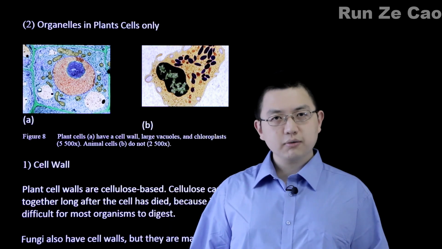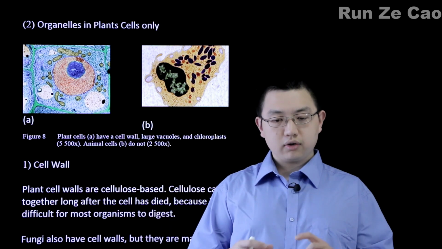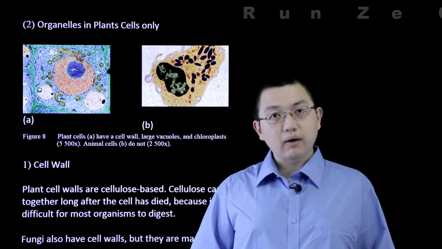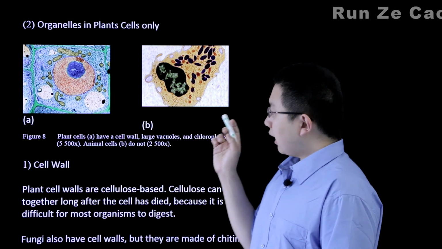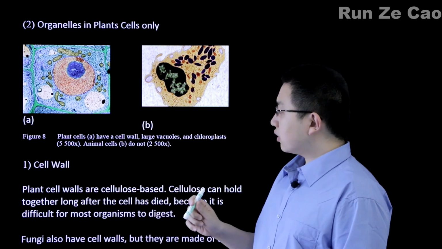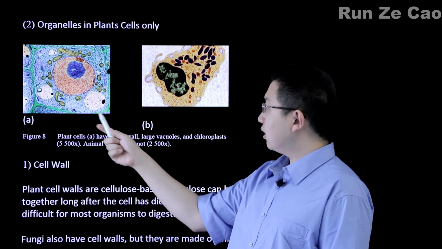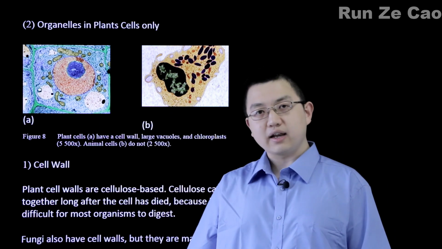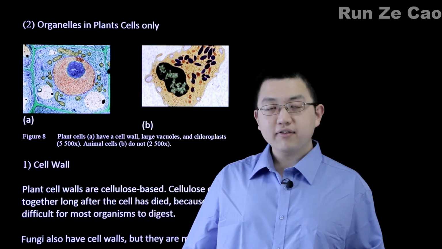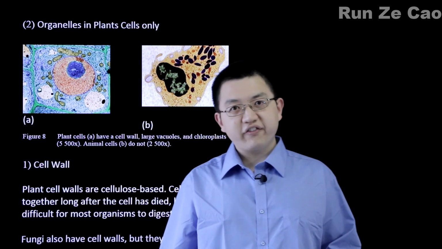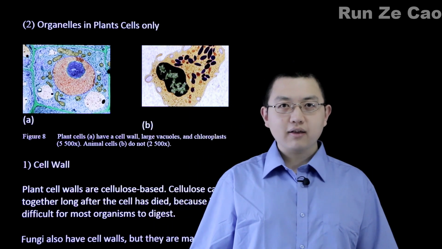It's because the orientation of the bond between the glucose molecules is different from starch. So animals can't digest it. The result is that cellulose is a very durable material, and it can persist long after the plant cell has died. Now, you probably have quite a bit of cellulose at home in the form of slabs of processed dead tree, also known as books.